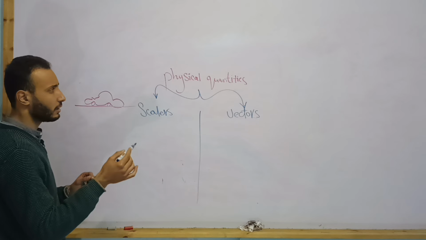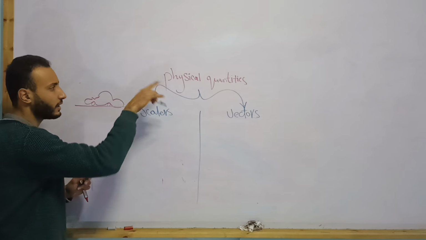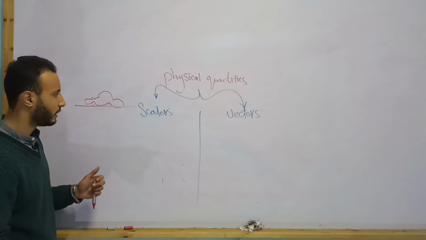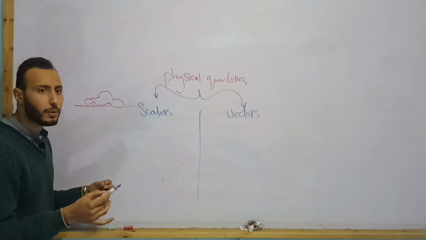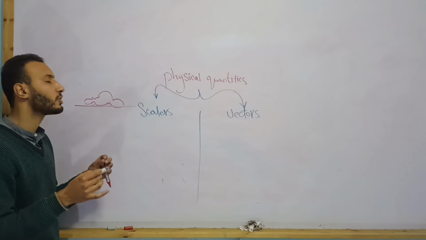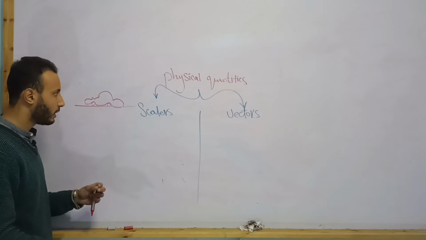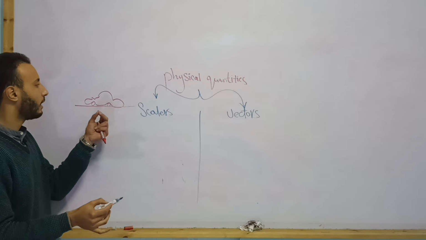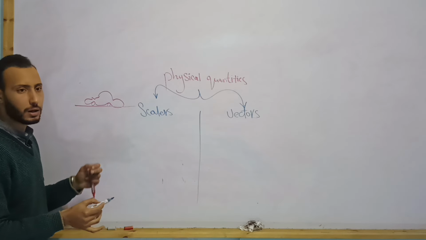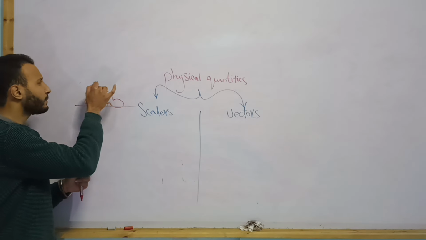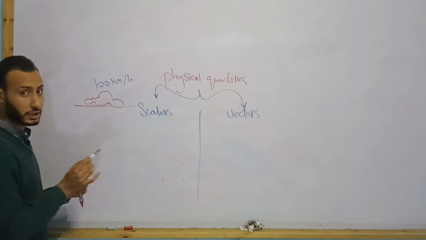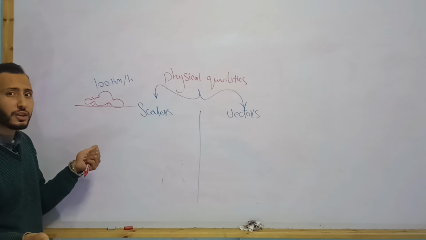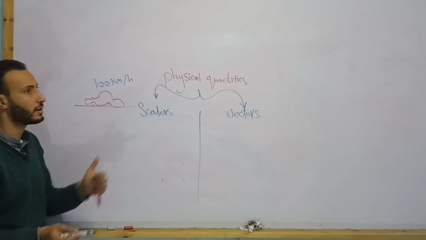What does it mean by scalar physical quantity? I said before, a scalar physical quantity is a quantity that describes only the magnitude without describing the direction. Okay, so if you want to describe the speed of this car, you're gonna say this car speed is 100 kilometer per hour. That's right, and you didn't mention the direction, so because of that it's a scalar.